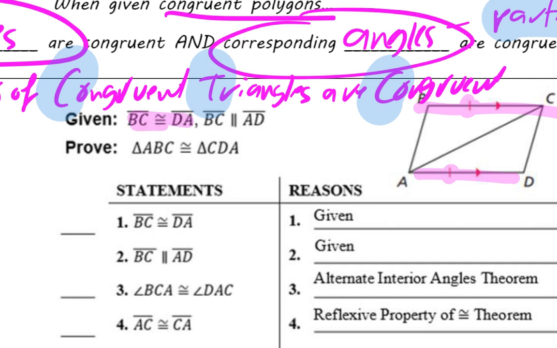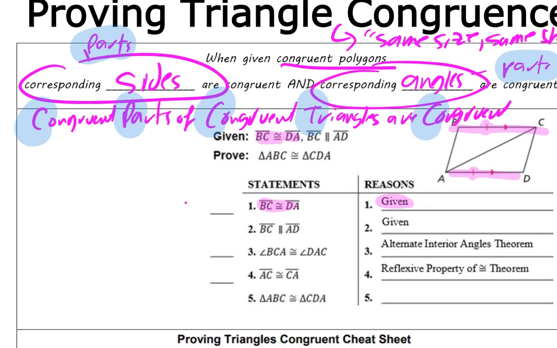We remember the given statement, whatever they give us, is always first.